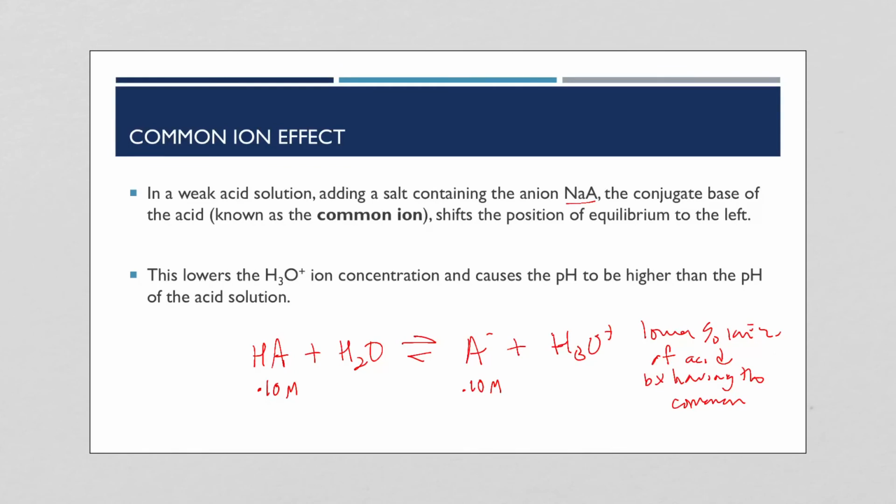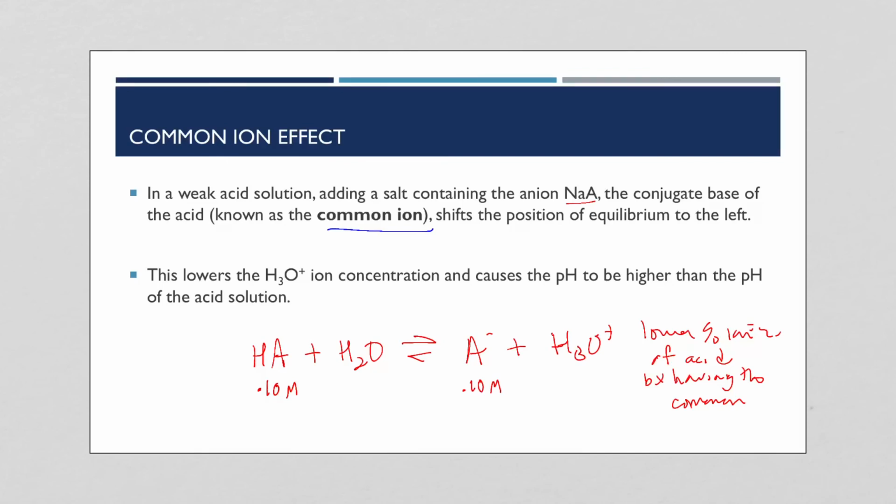Now, we get even more benefit if we set up our buffer as we usually do, as a common ion. When we mix this, we combine a weak acid, and we don't just use some base, we use specifically the conjugate base of that acid because it contains what's called a common ion. Having this common ion lowers the ionization of our weak acid.